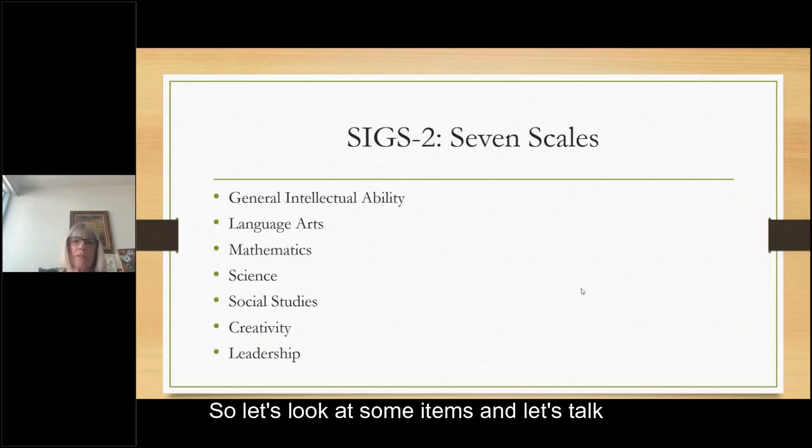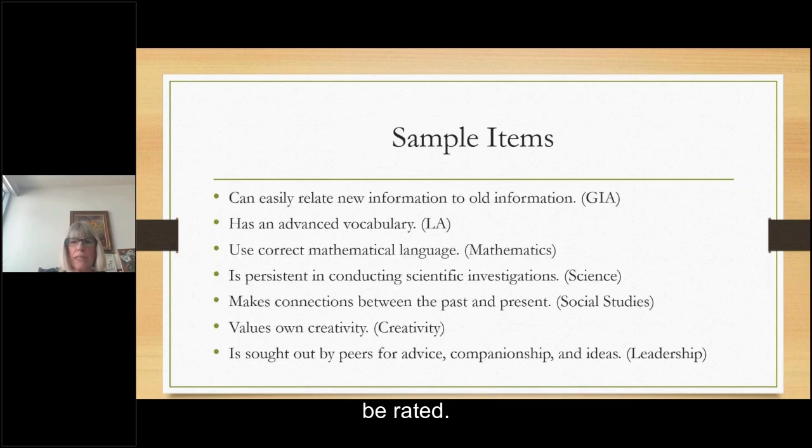So let's look at some items and let's talk about how that will be rated. Let's take the language arts item, for example. That's the second one. Remember, there are 10 items per scale. I gave you 1 from each of the scales as an example. So the item that I want to look at is "has an advanced vocabulary."